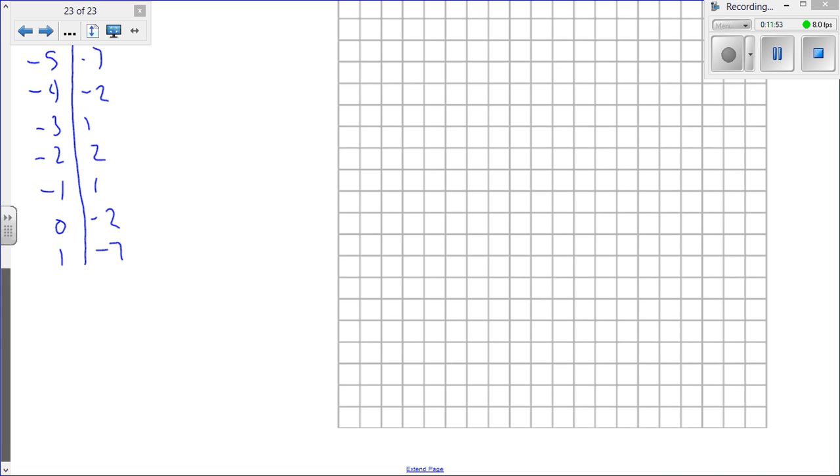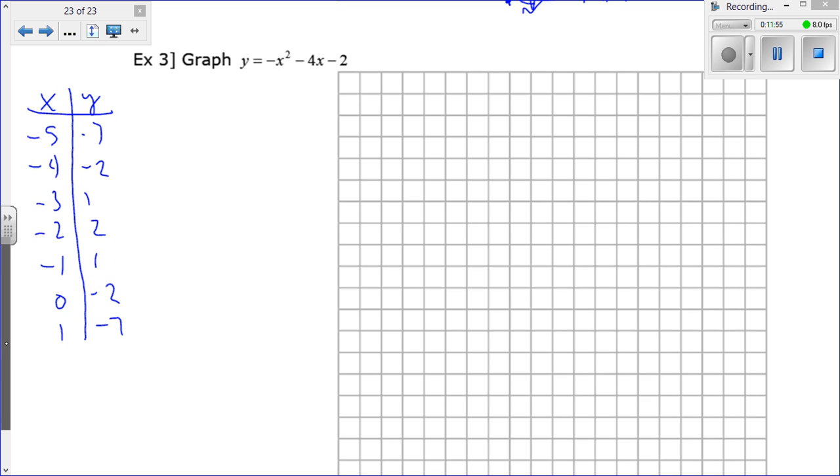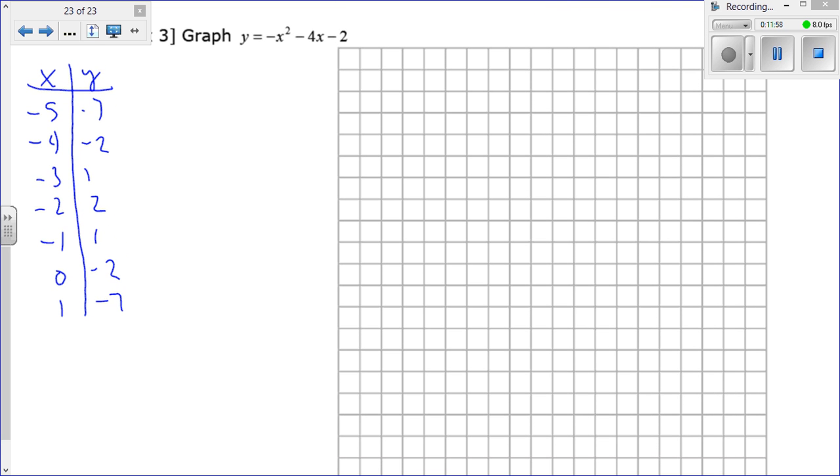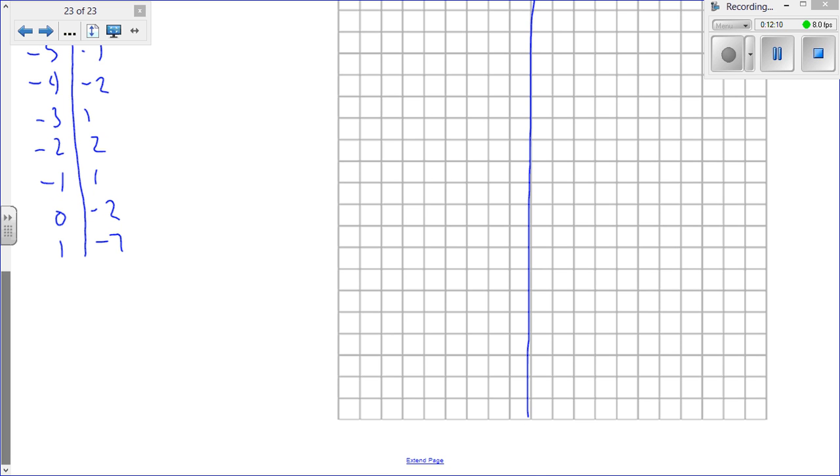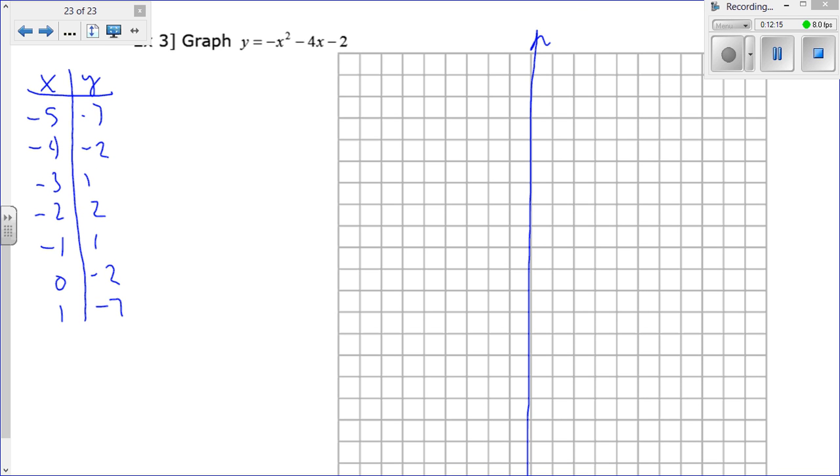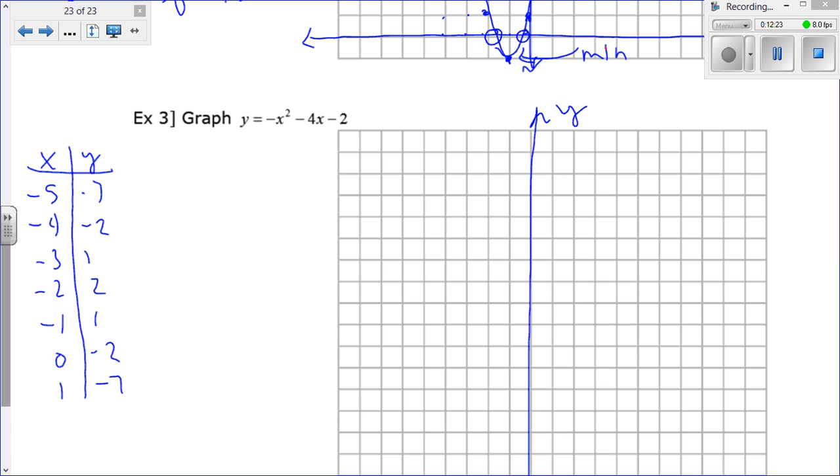Now when I go to draw these axes on, again, my y-axis doesn't really matter. And this time I need to draw my x-axis so that I have plenty of room below it, because my y values are more negative.